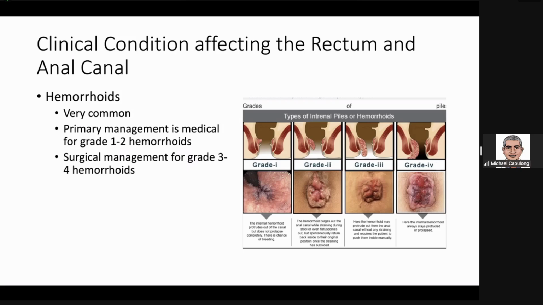However, because of obstruction or an abnormal flow of blood in your venous plexuses, you see them as palpable masses in the anal canal. And they are subdivided according to the degree of obstruction or protrusion of the mass in the anal canal.